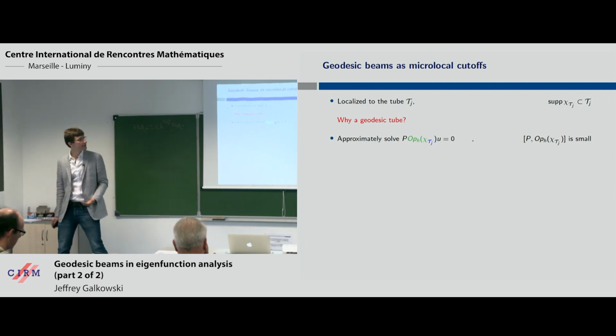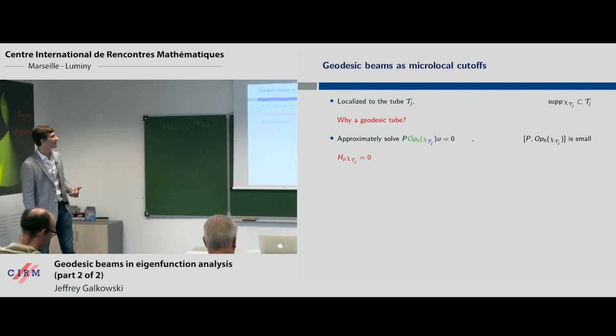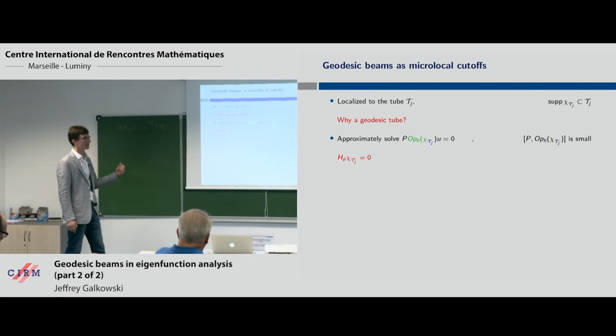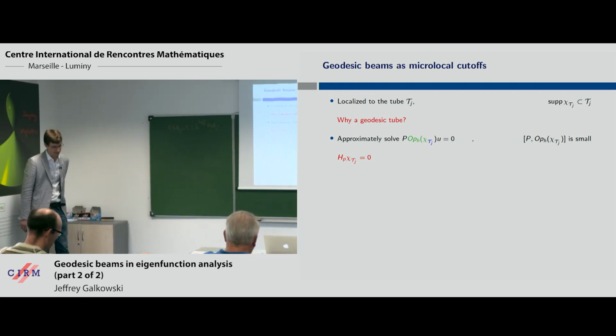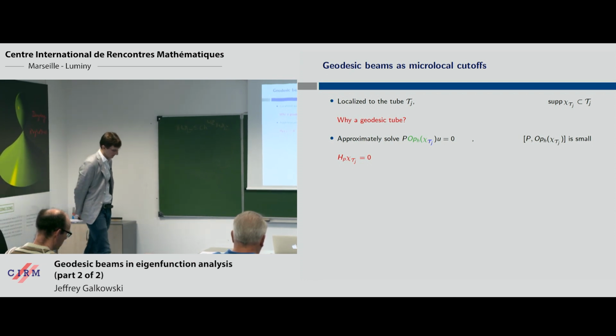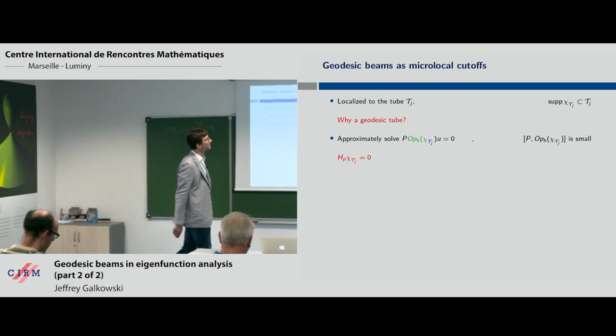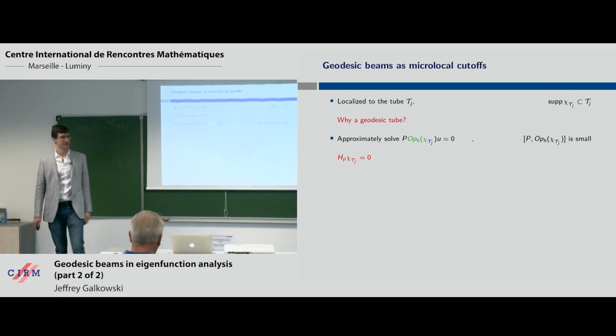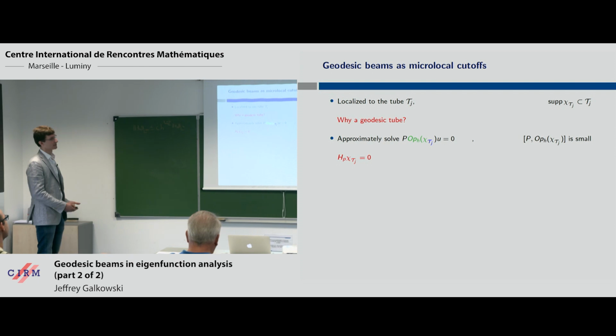And that's the same thing as saying that H_p chi t_j should be 0, plus some extra stuff, but certainly the symbol should satisfy this transport equation. And so now I have a function which is localized in a tube, and it should be invariant under the geodesic flow. So the only tubes that can do that are geodesic tubes.